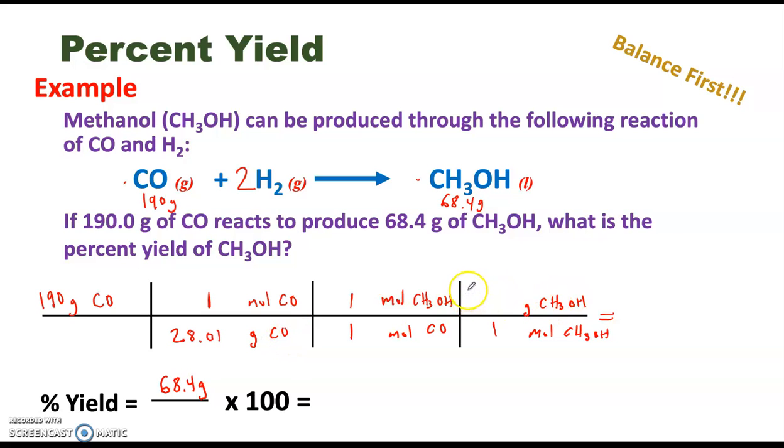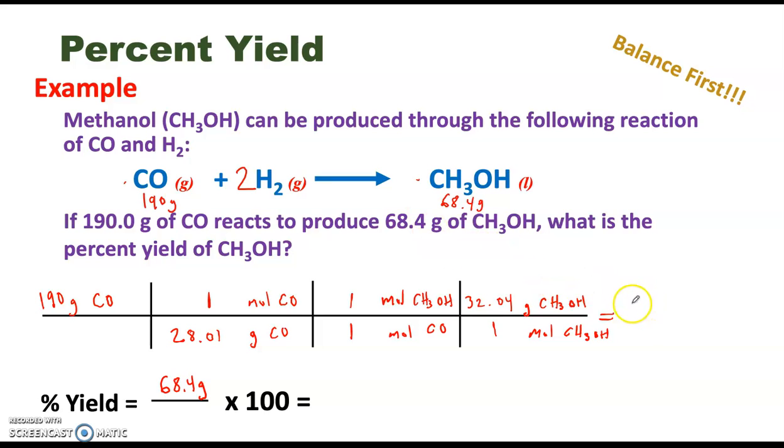And then if you do this one, it ends up being 32.04 grams per mole. So now at this point I need to do a little bit of math. I need to take my calculator and go 190, divide by 28.01. I don't really care about all those ones, so then I'm just going to multiply by 32.04.